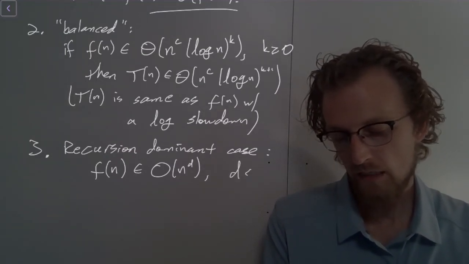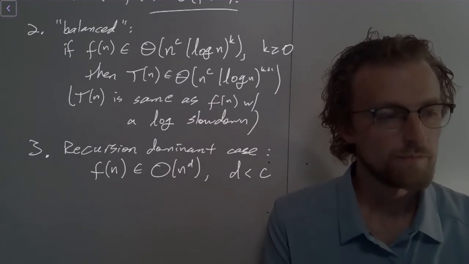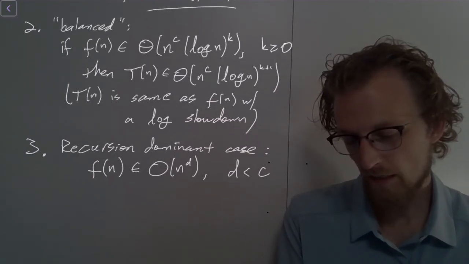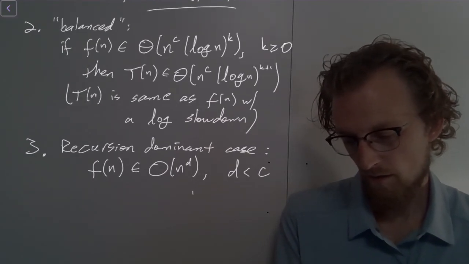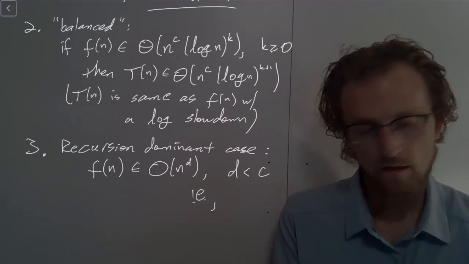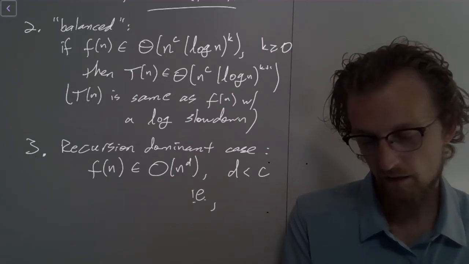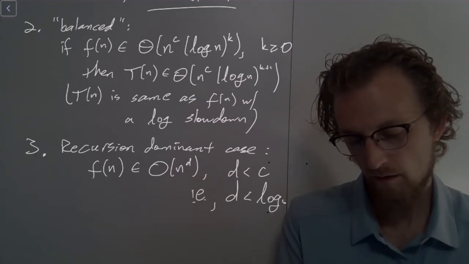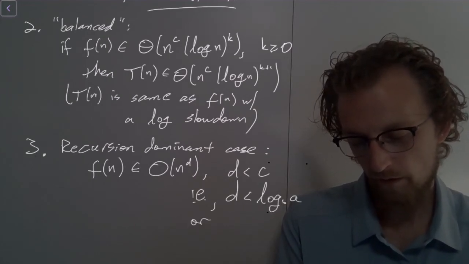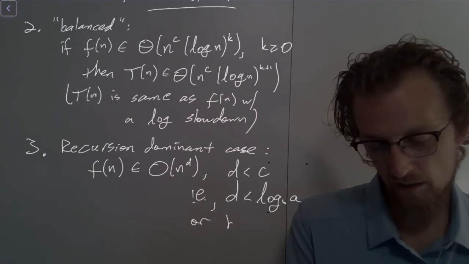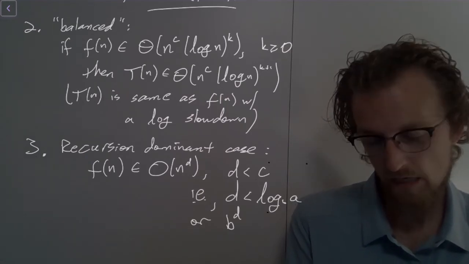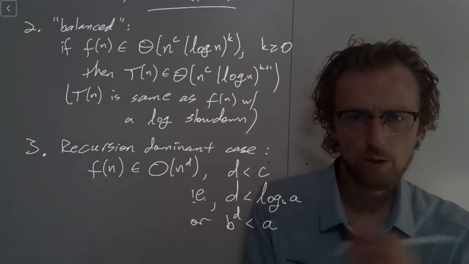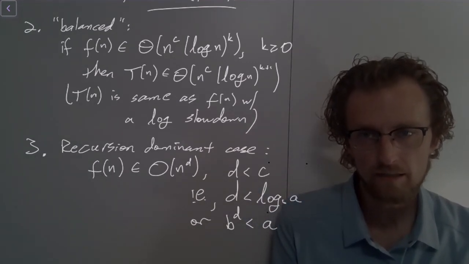So d is less than c. Another way to write this is, i.e., d is less than log base b of a, or b to the d, so b to the power of d is less than a. Those are all equivalent ways of writing this condition.